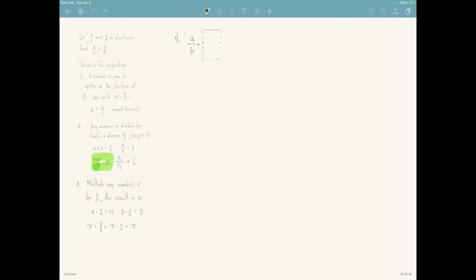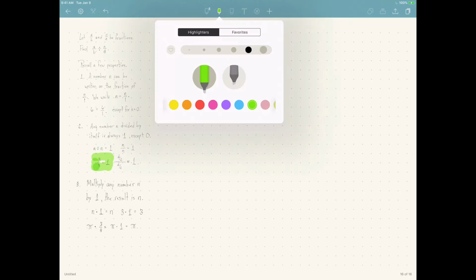I want a specific result, and the result I'm after is 1.